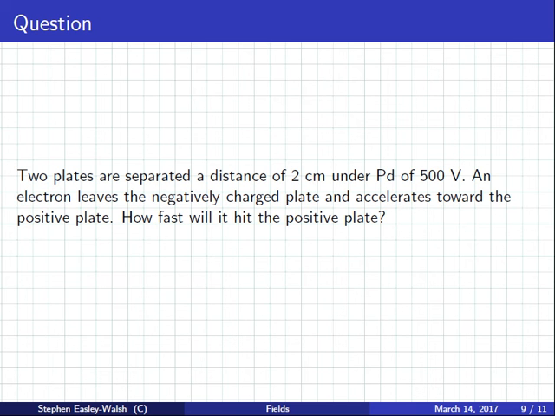Huh? I don't know, I have to work it out. 10 what? Meters per second? No, Newton, no, nothing. Dude, I just said how fast will it hit the plate? Oh, I want the velocity.